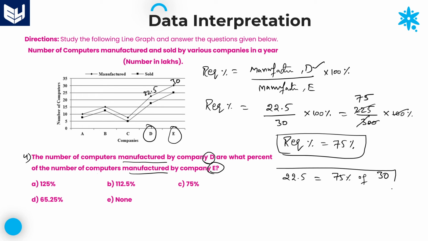Here the answer for this question is 75. Among the options, option C is the right answer for this question. Option C.